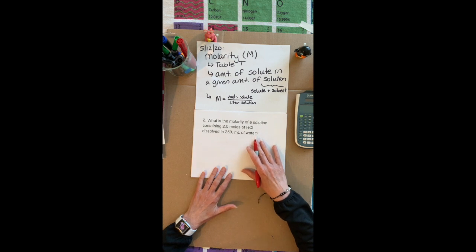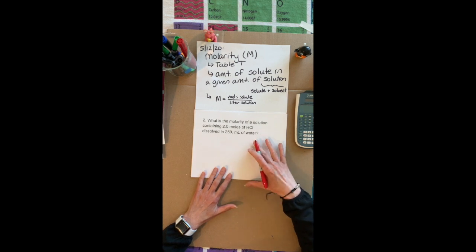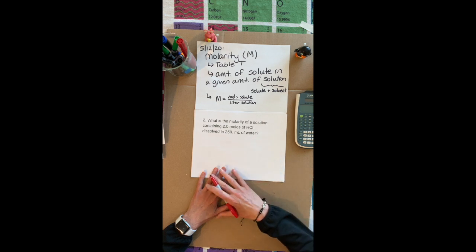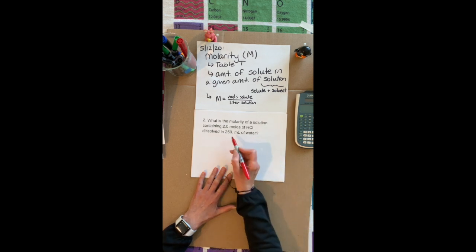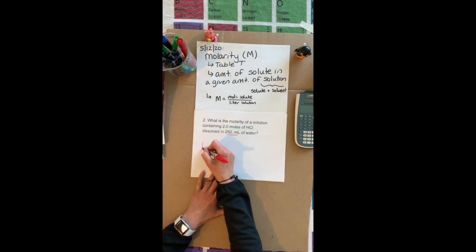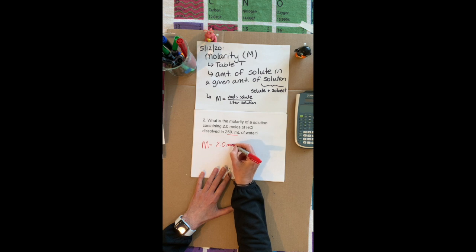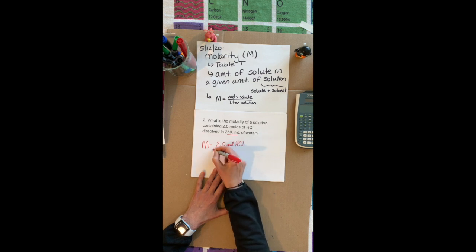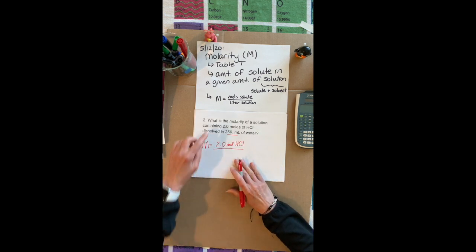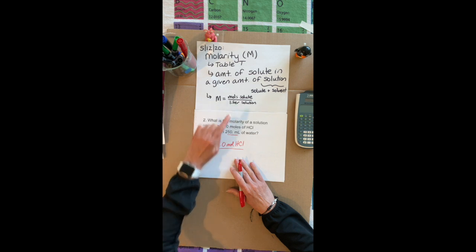What is the molarity of a solution containing 2 moles of hydrochloric acid dissolved in 250 milliliters of water? I'm going to underline that because it's important. So, molarity equals 2.0 moles of HCl, but it's per liter of solution.